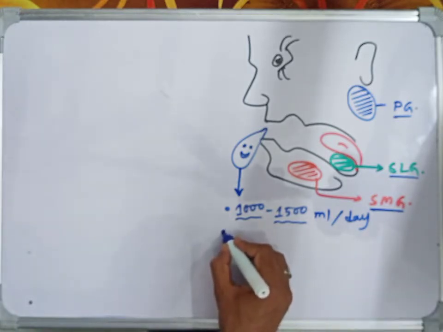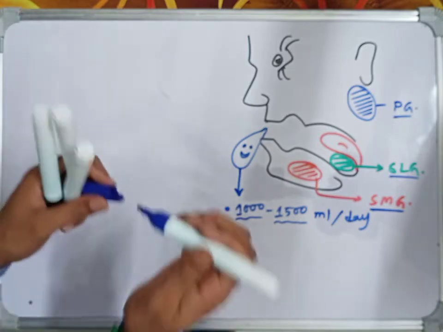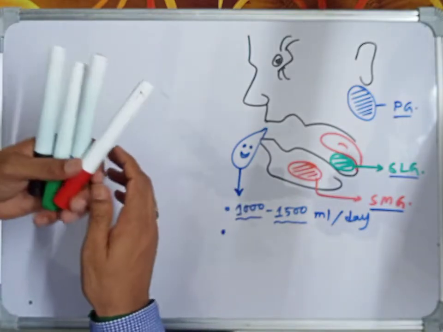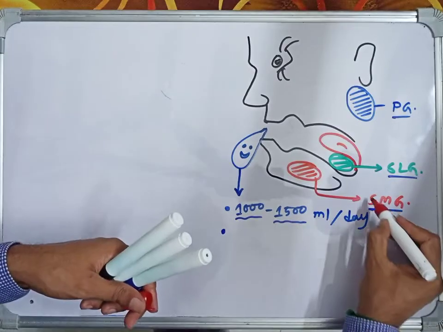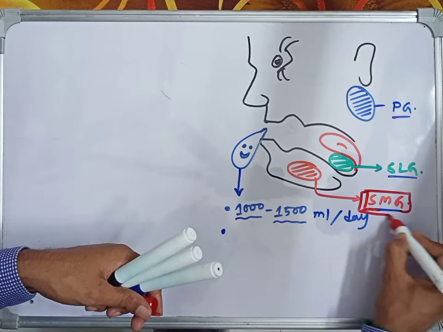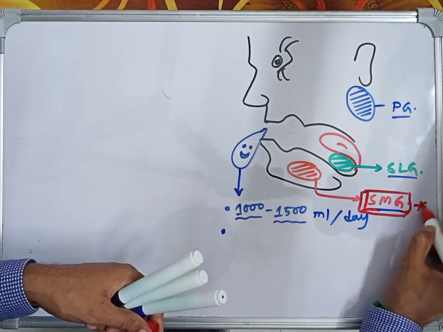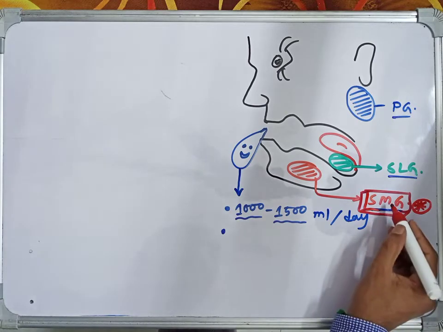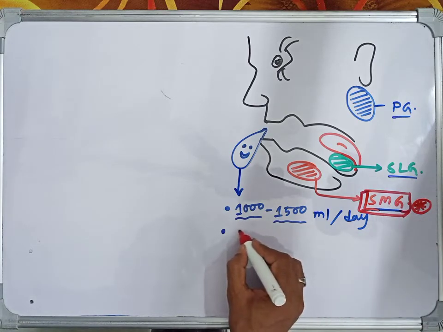But maximum saliva is produced by our submandibular gland, right? Maximum saliva is produced by which salivary gland, my dear student? This maximum saliva is produced by this submandibular gland, right?